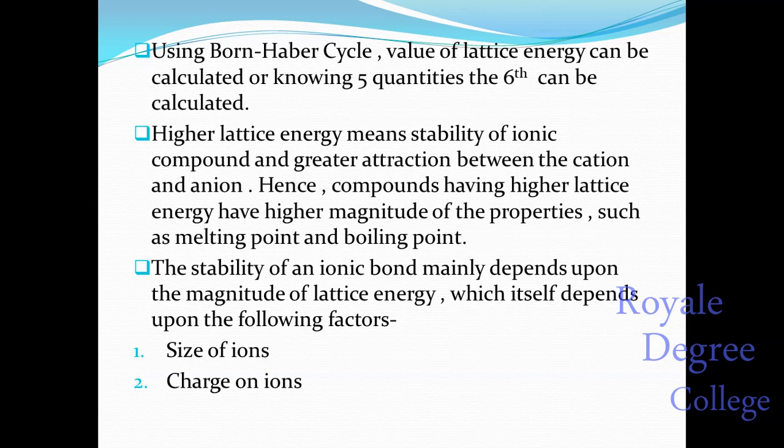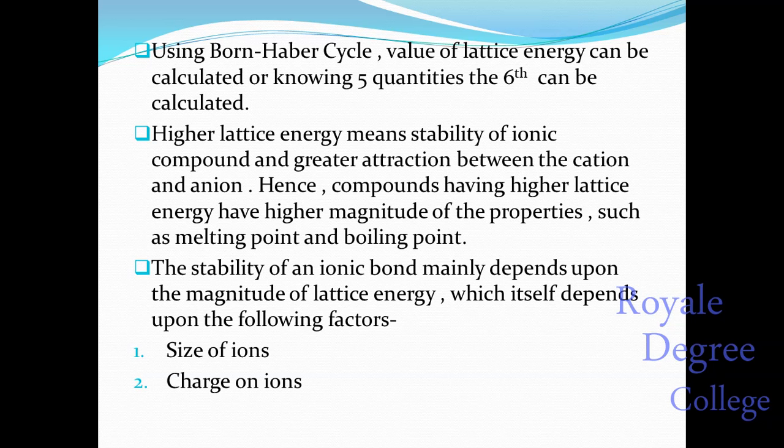Using the Born-Haber cycle, the value of lattice energy can be calculated; knowing 5 quantities, the 6th can be calculated. Higher lattice energy means greater stability of the ionic compound and greater attraction between the cation and the anion.